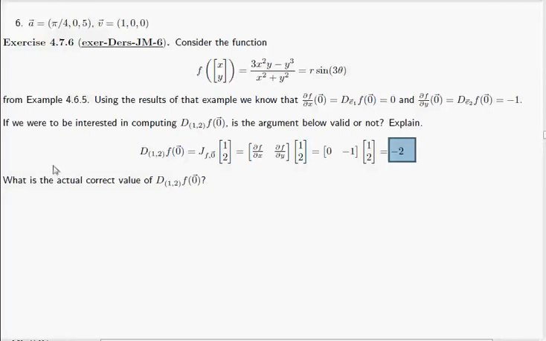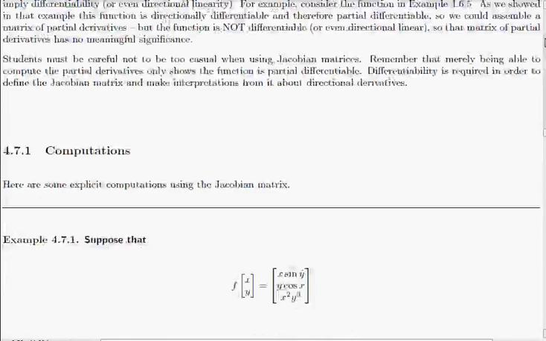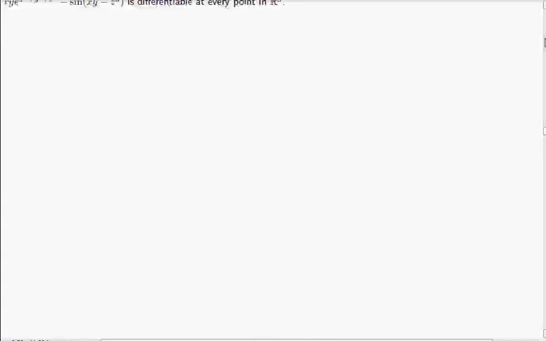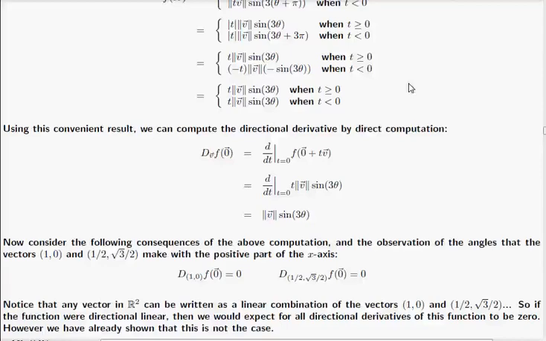The next part of the problem says, let's compute the correct value of this directional derivative. Well, we can compute that correct value by going back to this example. We have a formula for how to compute directional derivatives. Here it is. Just figure out the angle, compute sine of 3 theta, and multiply by the length of your velocity vector.